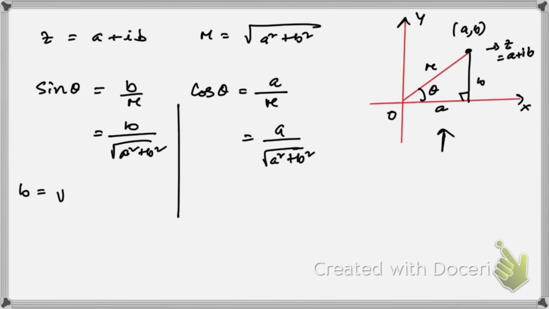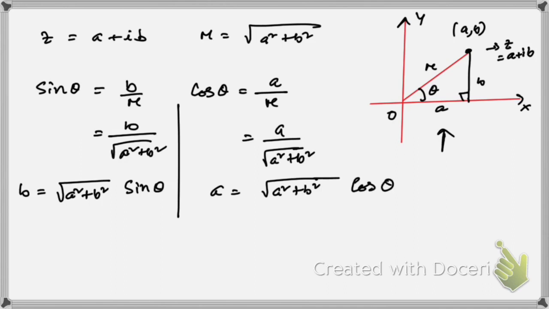From these two we can write b is equal to root over a square plus b square sine theta, and a is equal to root over a square plus b square cos theta. So the complex number z is equal to a plus ib.